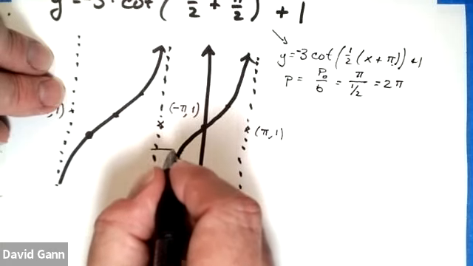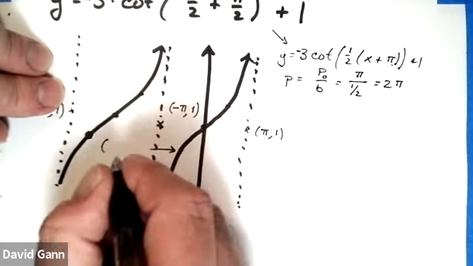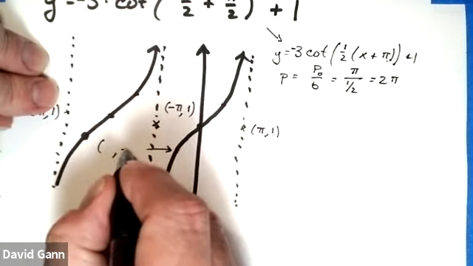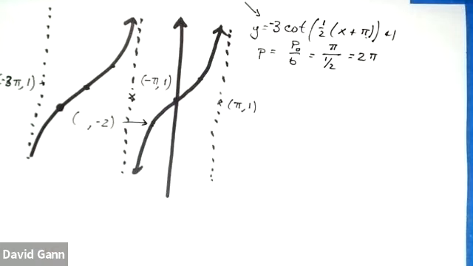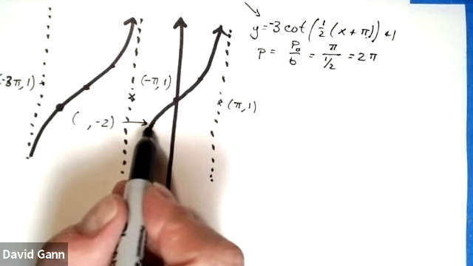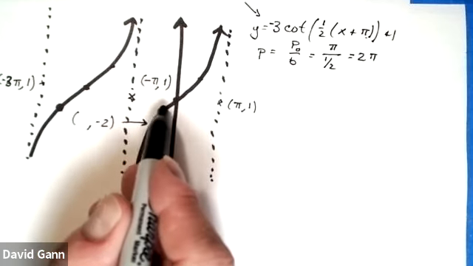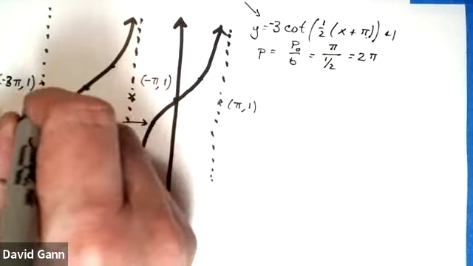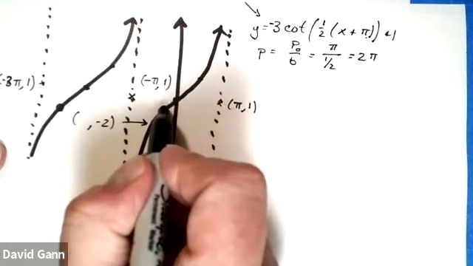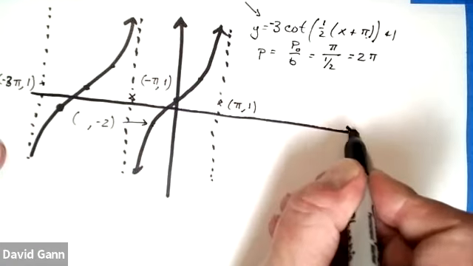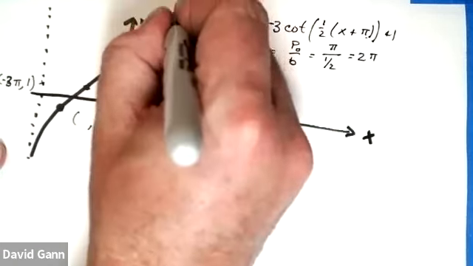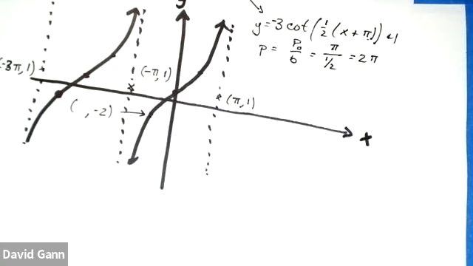It doesn't really matter what the x value is, but the y value is negative 2. And so from that information, here's a y value of negative 2, here's a y value of 1. The x-axis must go somewhere in between them, 2/3 of the way up. And so there's our graph.